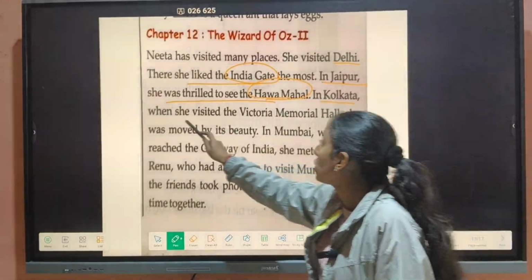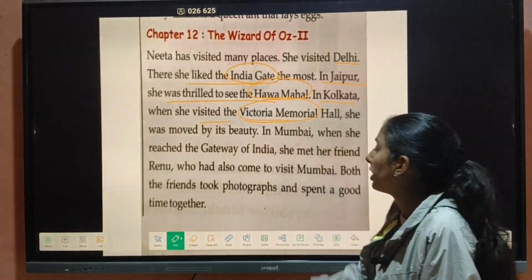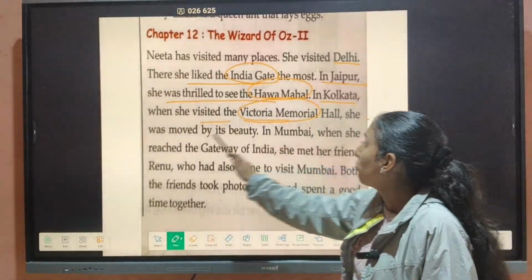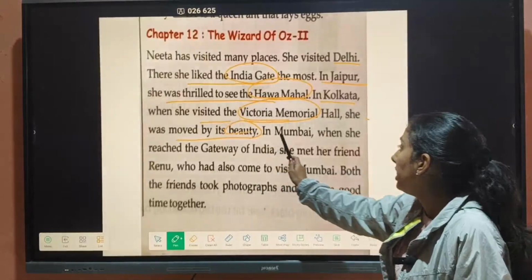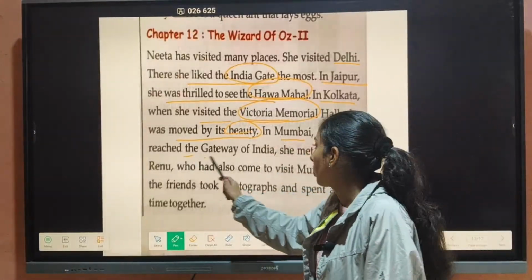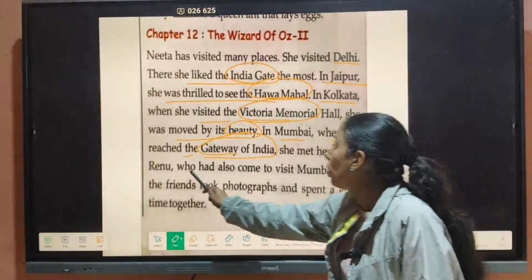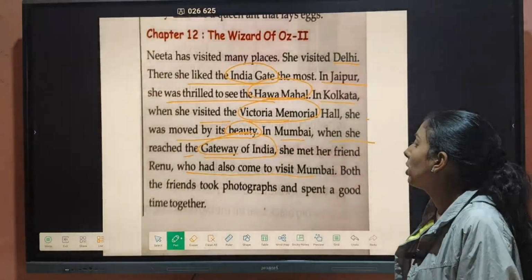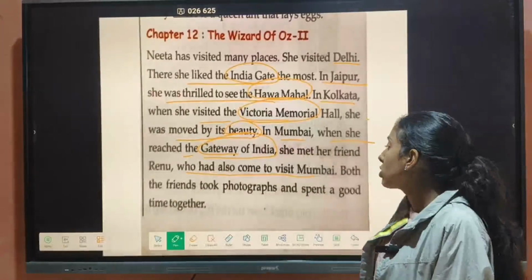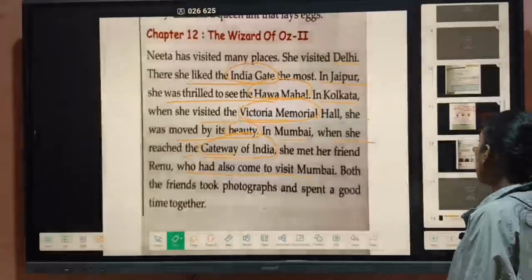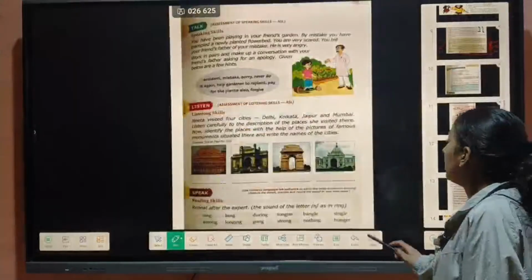In Kolkata, she visited Victoria Memorial Hall. She was moved by its beauty. In Mumbai, when she reached the Gateway of India, she met her friend Renu, who had also come to visit Mumbai. Both the friends took photographs and spent a very good time.